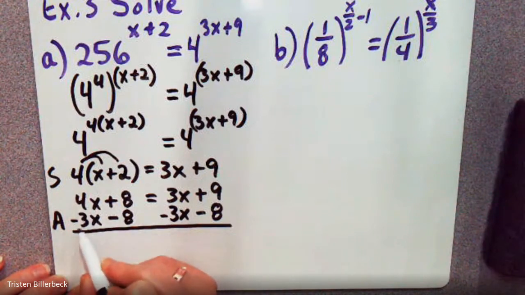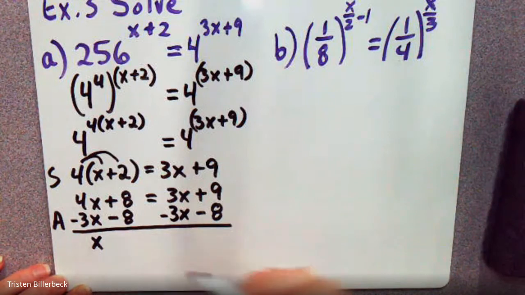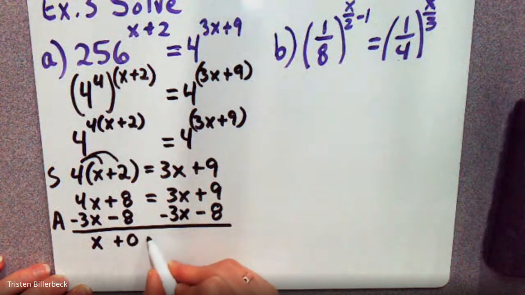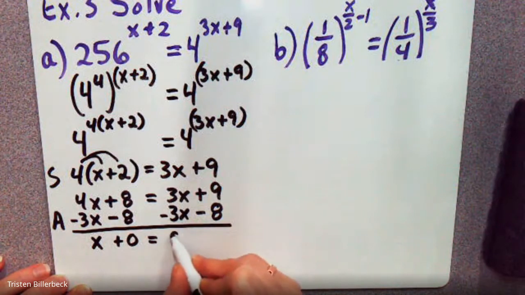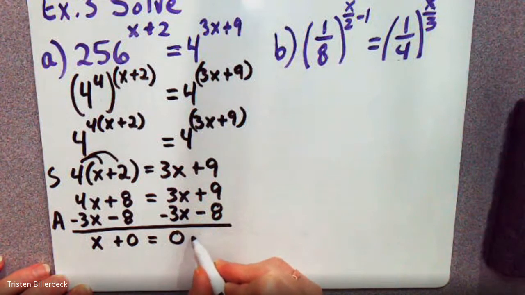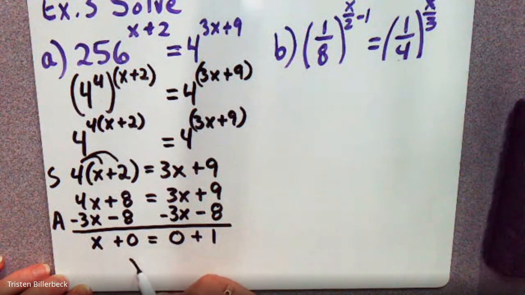So 4x minus 3x is just 1x, or x, since we don't write the 1. We have plus 0 here equals, this is another 0. And then 9 minus 8 is just 1. So now we have x equals 1.